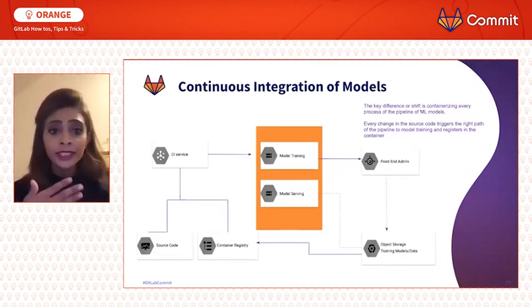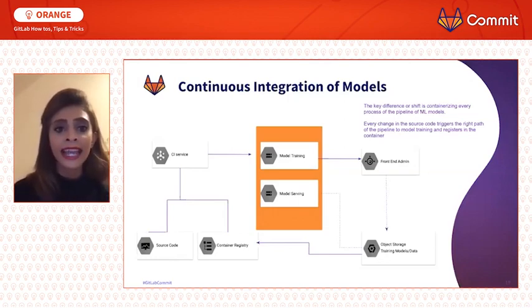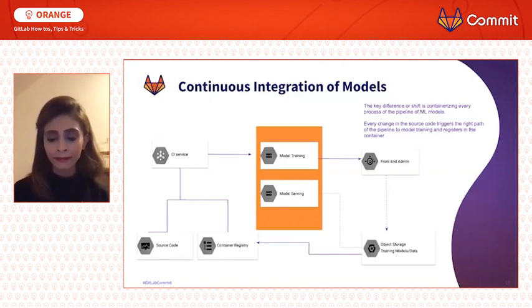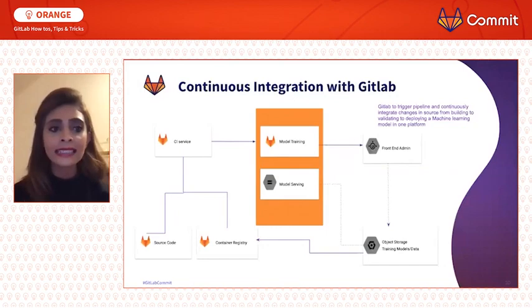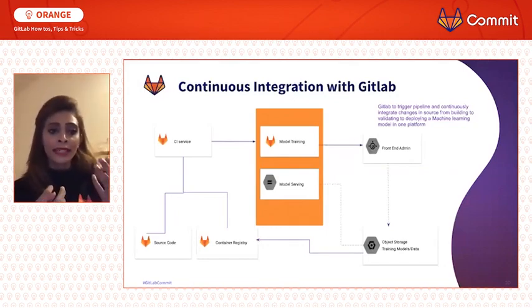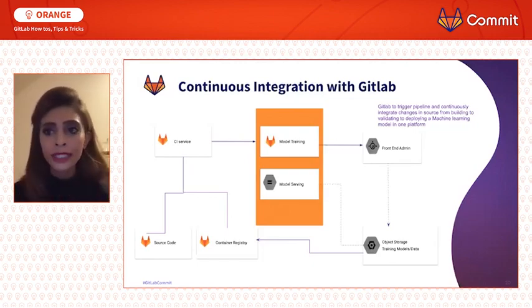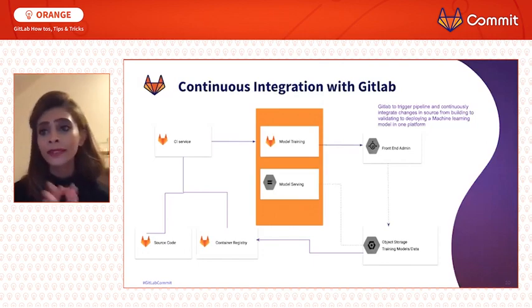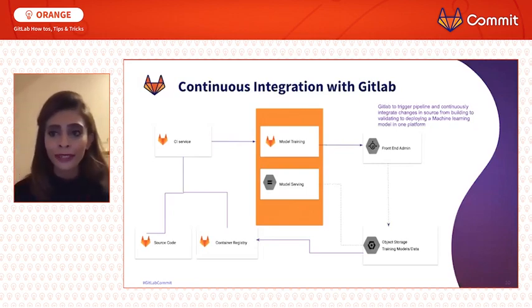So every change in the source code triggers the right path of the pipeline to model training and registers to the container. Now, this part can be easily simplified with GitLab CI, where it's integrated to the source code into the web IDE of the data scientist, whether you work on your laptop or you're using the GitLab web IDE or PyCharm or your favorite notebook, into the container registry.